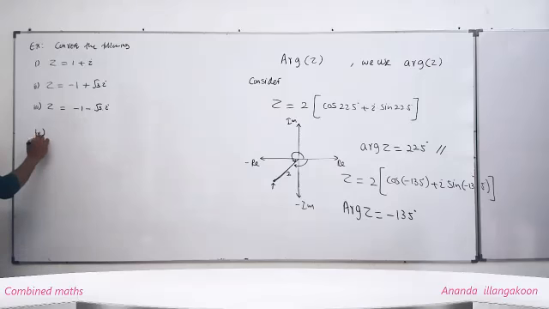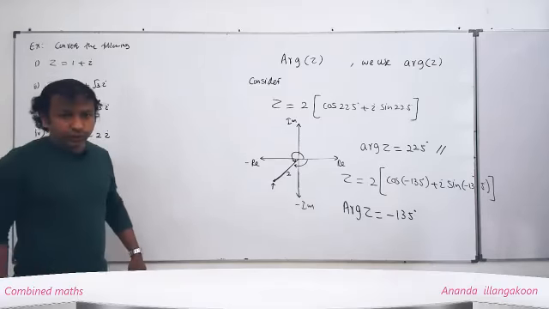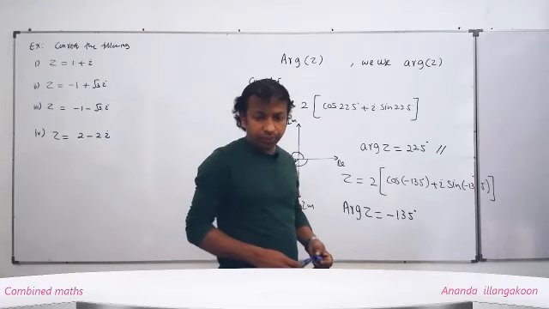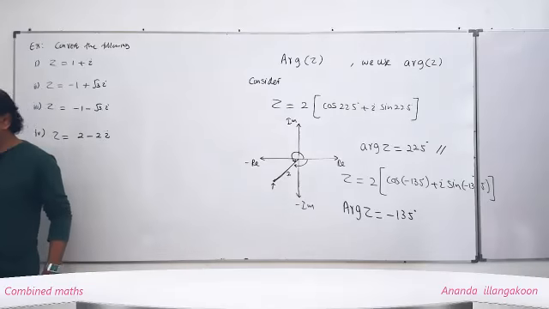Fourth one, people: 2 minus 2i. Right. We need to convert them to what? People, polar form now. We need to convert them to polar form.